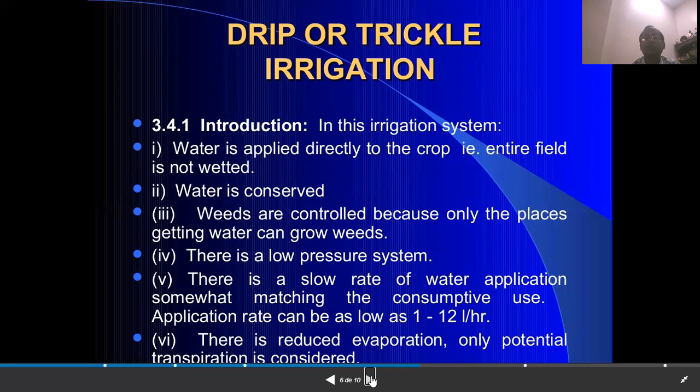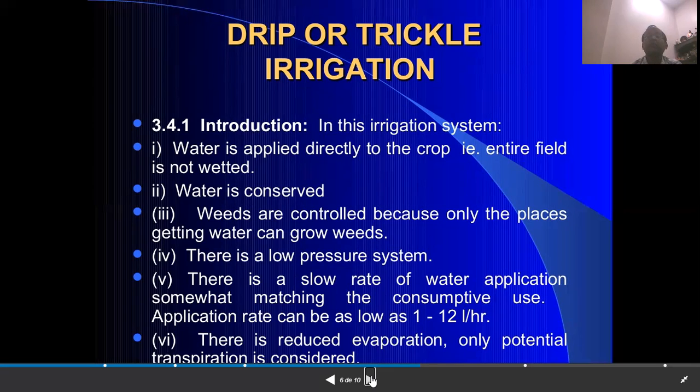There is a low pressure system. There is a slow rate of water application, somewhat matching the consumptive use. There is reduced evaporation; only potential transpiration is considered.